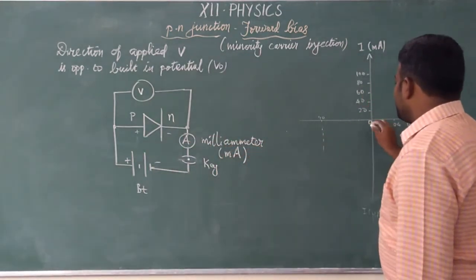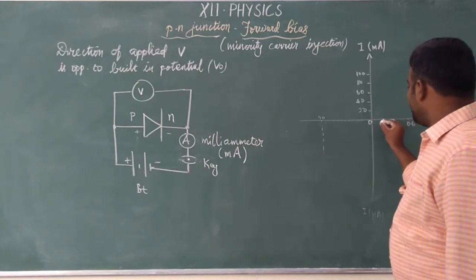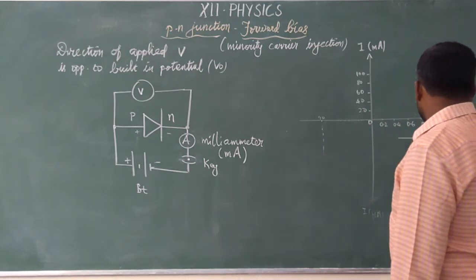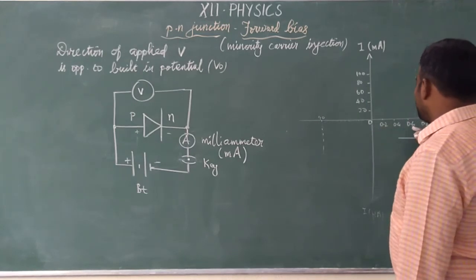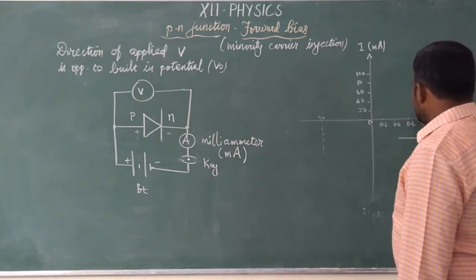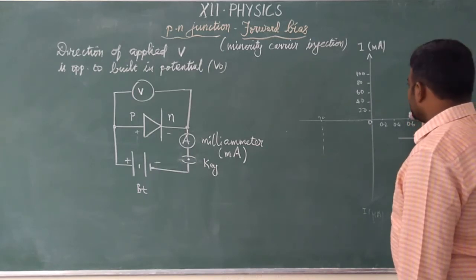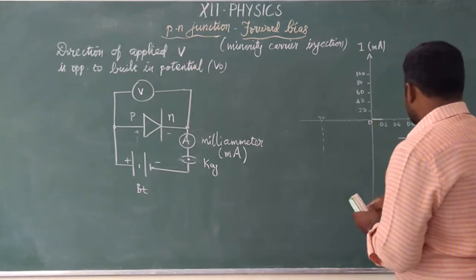Initially the battery voltage is 0, so no current flows. Gradually the applied voltage is increased, 0.2 volts to 0.4, 0.4 to 0.6. Further beyond 0.6, from a certain point the current value suddenly increases. The graph comes like this.